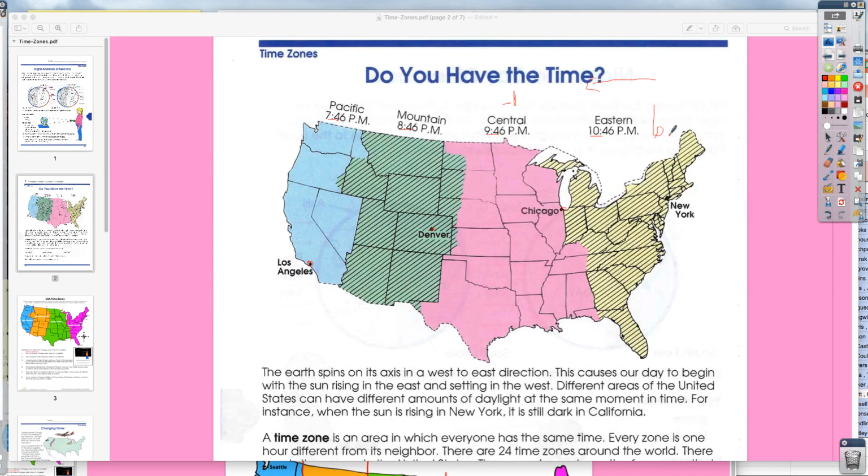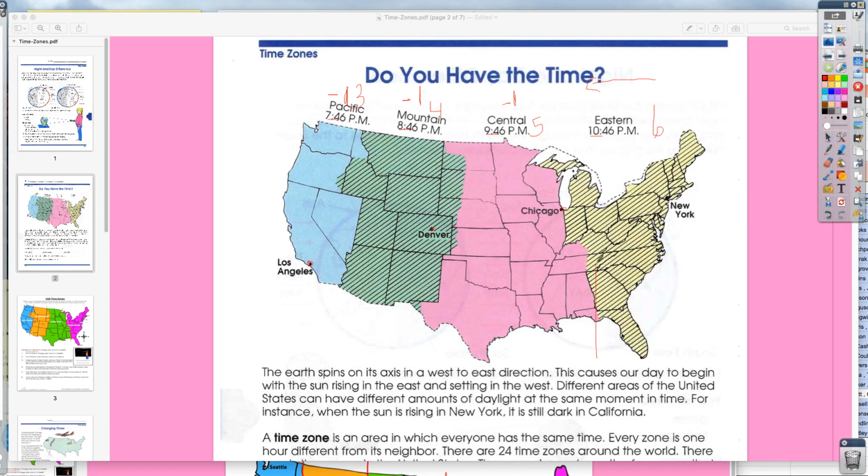So 6 in New York would mean 5 in Central Time Zone. And if I continue west, I lose another hour, so it's 4 in Mountain Time Zone. And again, when I move to the Pacific, I subtract 1 hour, so it would be 5, 4, 3 in the Pacific Time Zone.